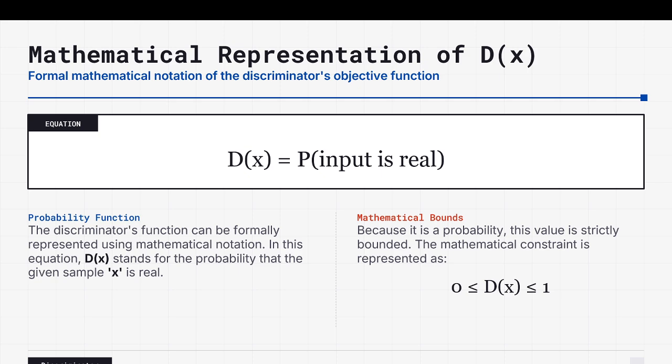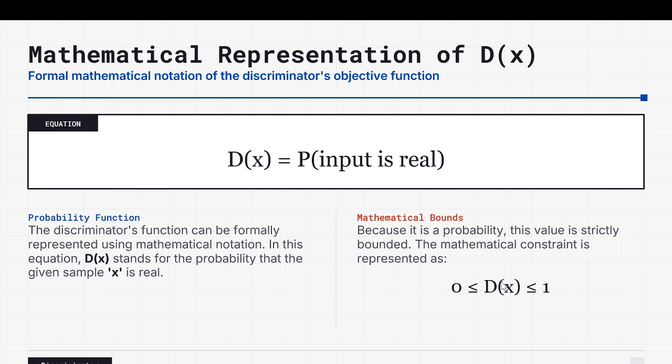With the help of mathematical notation also, we can represent a discriminator value. D of x equals P of input is real, in which if we provide some data set to a discriminator, then the discriminator will produce a value of 1, which indicates real data.